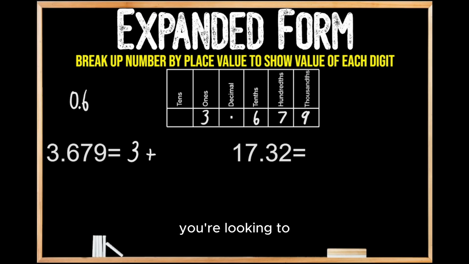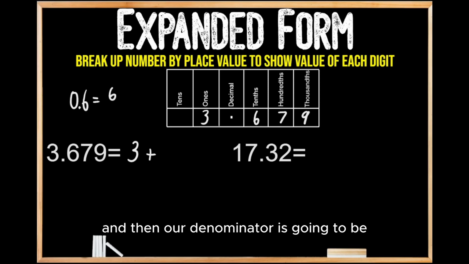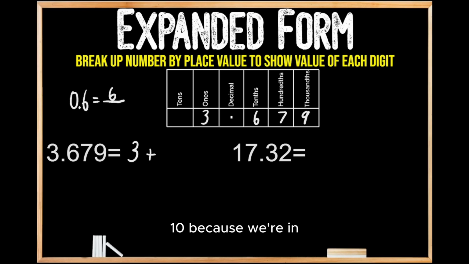Now, anytime that you're looking to convert a decimal into a fraction, you're going to write a fraction where the value of the decimal is written over top of its place value. So in this case, we have a digit of 6, so we have 6 tenths. So our numerator is going to be 6, and then our denominator is going to be 10 because we're in our tenths place. So 6 tenths is the same thing as the fraction of 6 over 10.